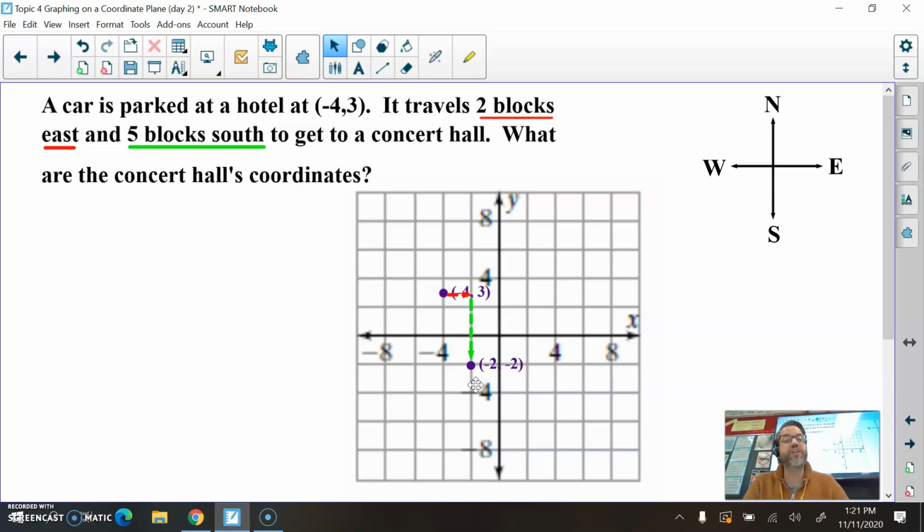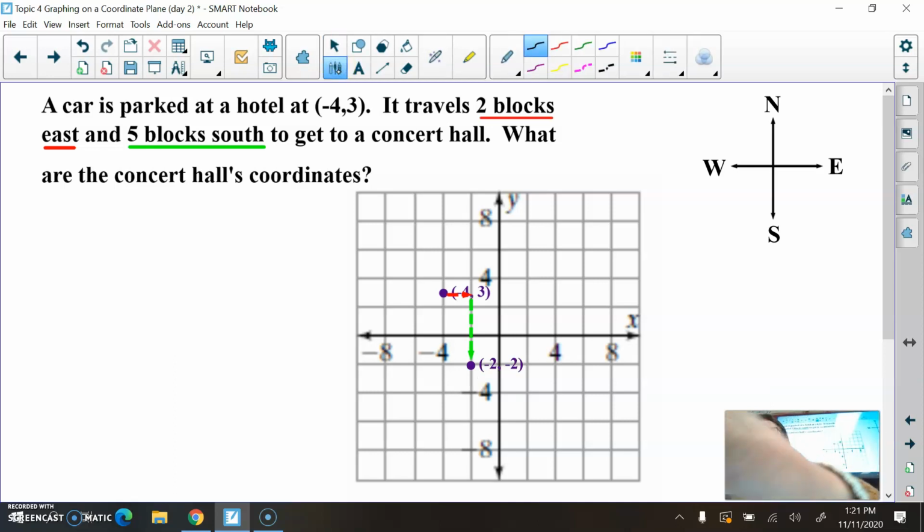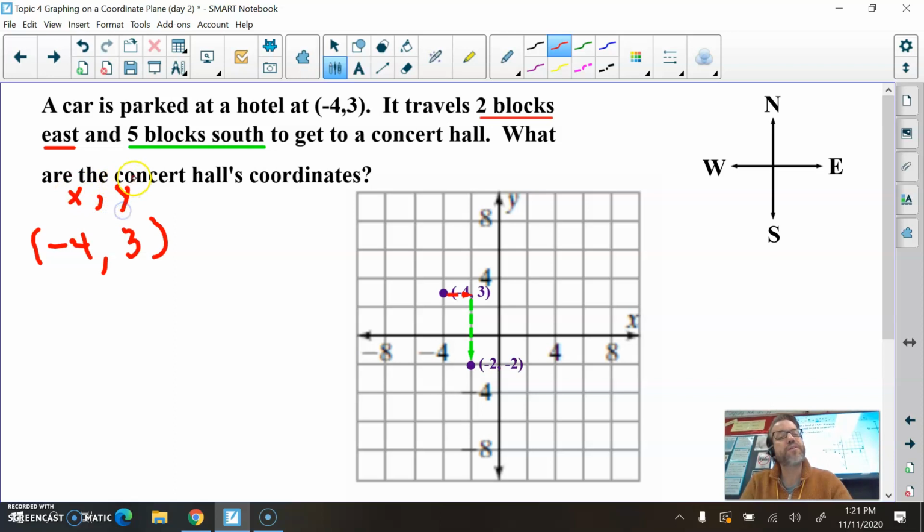Now I'm very quickly going to show you another way that you can do this without actually showing your moves on the grid. So if you take your point -4, 3, remember in ordered pairs, the first value is your x-coordinate, the second value is your y-coordinate.